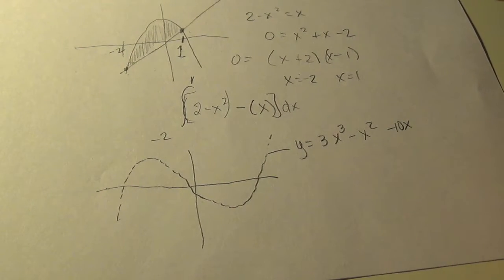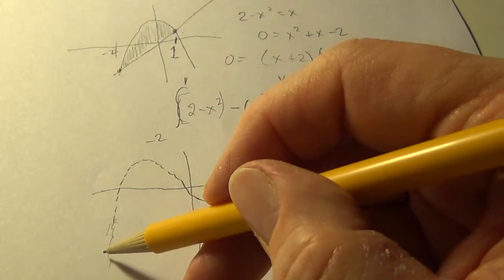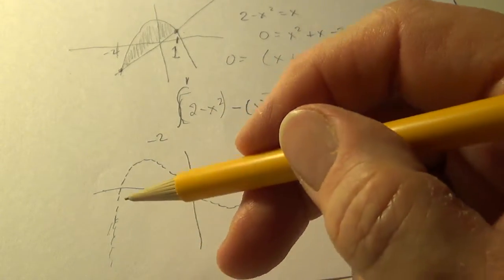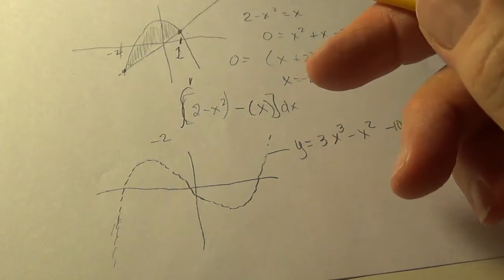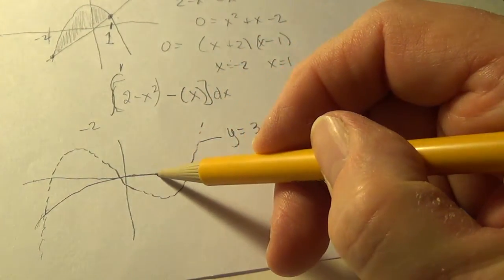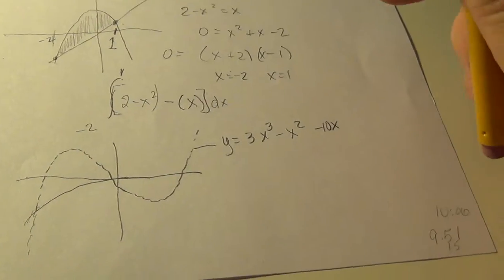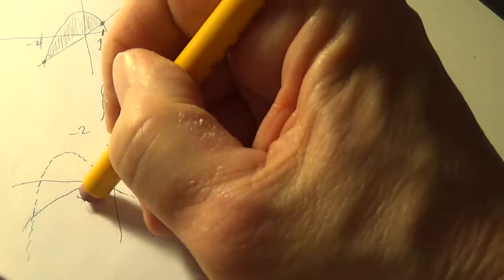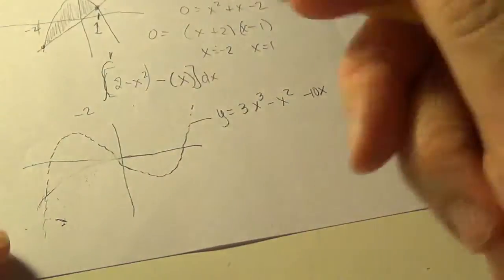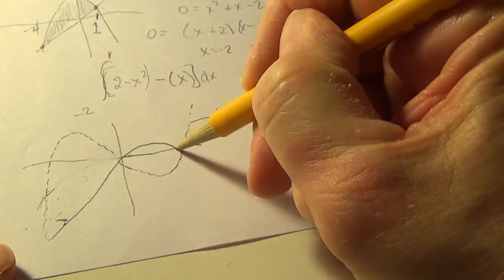And then we have another curve that keeps going, a parabola, something like this.